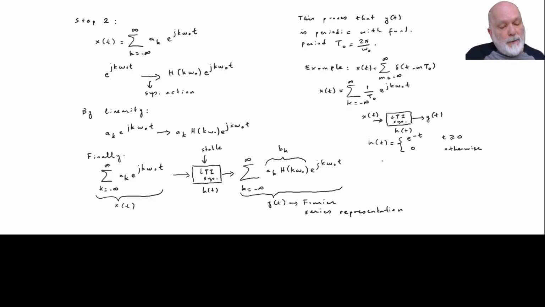So all we have to do is to calculate capital H of k omega 0. And this is equal to the integral from minus infinity to plus infinity of h of tau e to minus j k omega 0 tau, integrated with respect to tau.